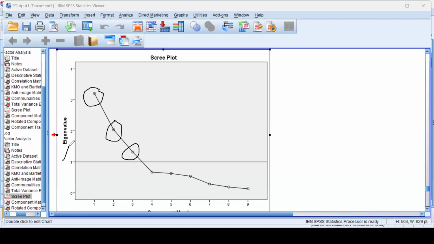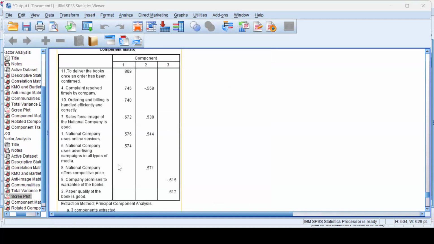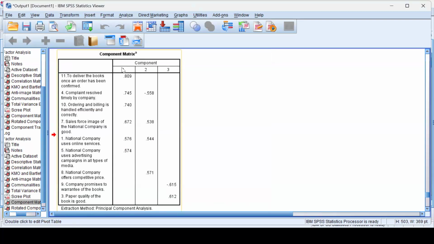तो ये scree plot हमें बताता है कि how many factors we should retain, and then this is the unrotated factor matrix. So we do not use this unrotated factor matrix because it gives the cross loading problem, because this variable high, this variable high, यहाँ देखिए दो variable आ रहे हैं, cross loading.